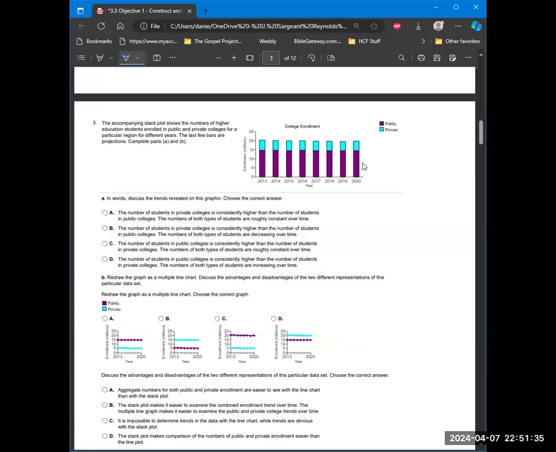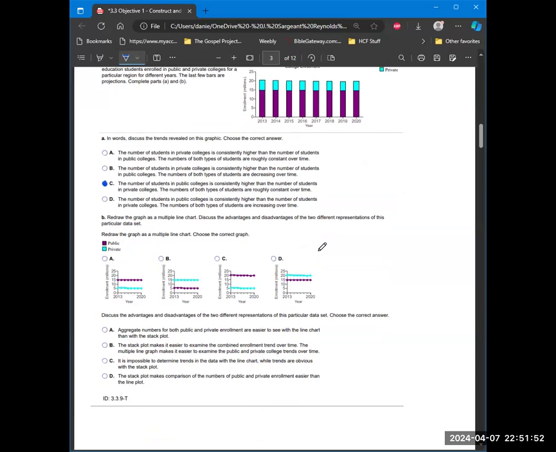The numbers of both types of students are roughly constant over time. So let's see. Then redraw the graph as a multiple line chart.